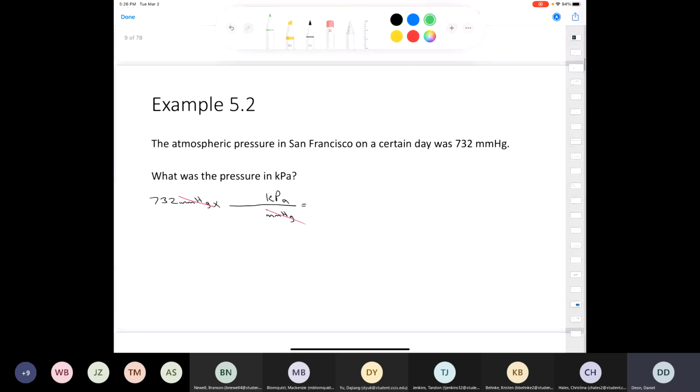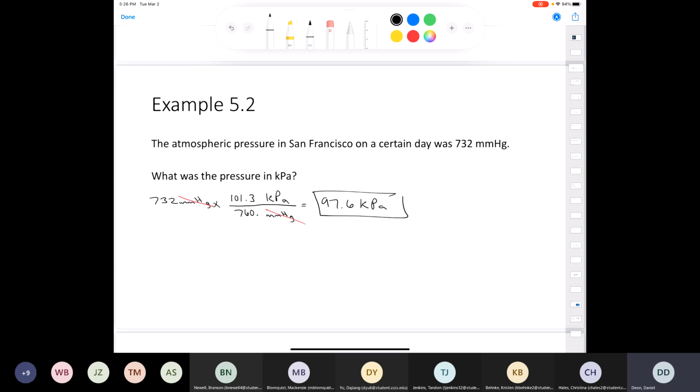Let's go ahead and try plugging those numbers in. We take 732, multiply by 101.3, divide by 760, boom. And you should end up with something that's got 3 significant figures, and we end up with 97.6 kilopascals. All right, there we go.